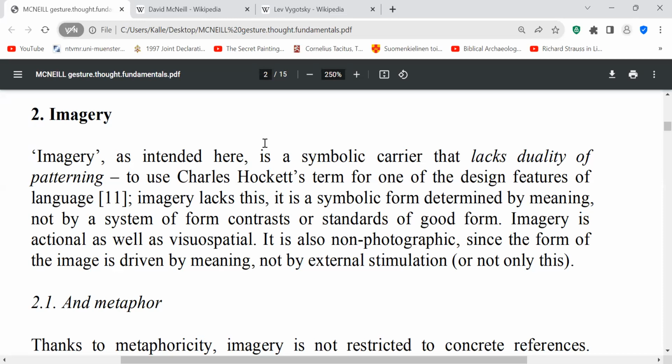Imagery lacks this. It is a symbolic form determined by meaning, not by a system of form contrast or standards of good form.